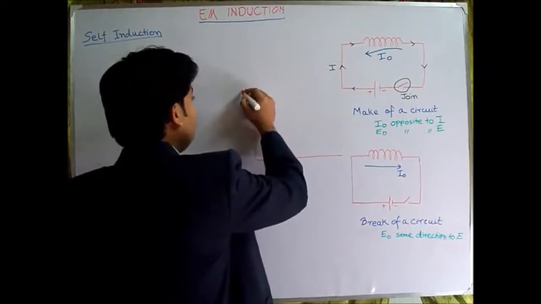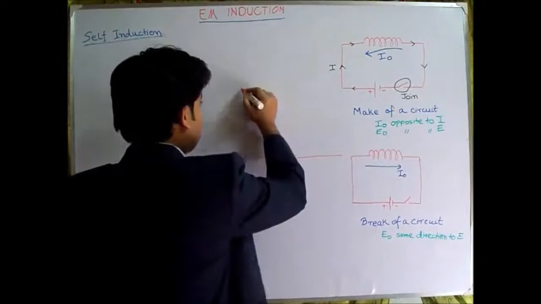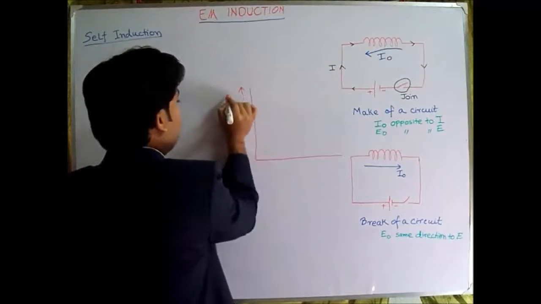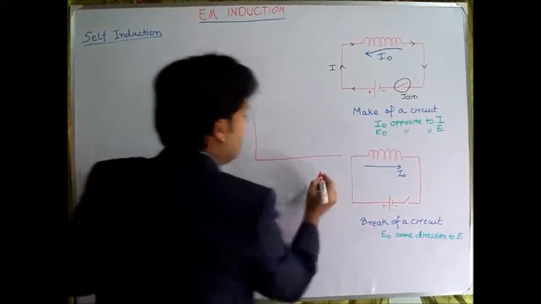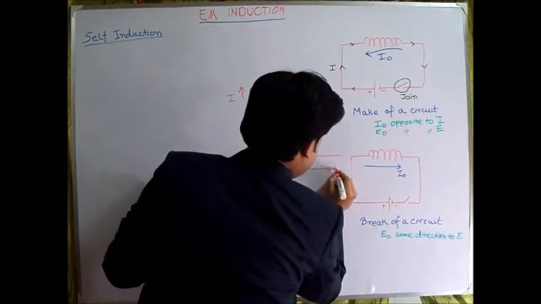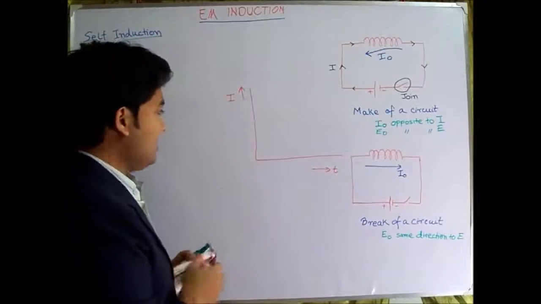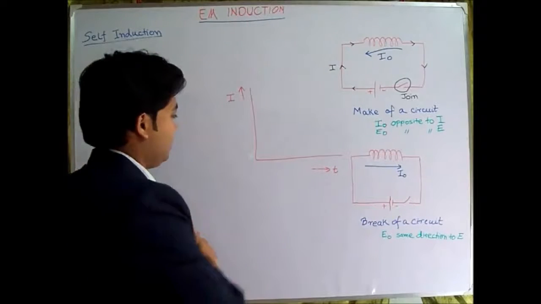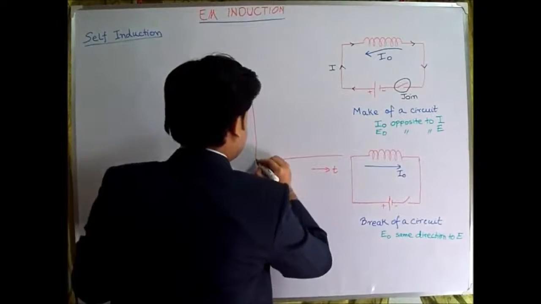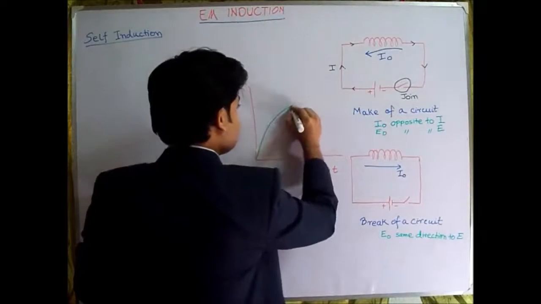So if we take this side as current and this side as time, we will see a graph like this.